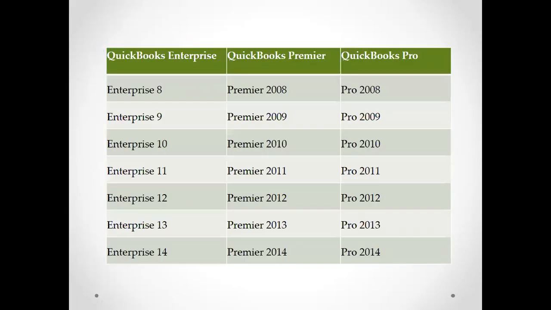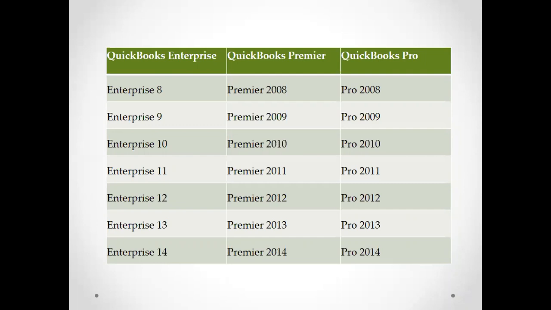Now, if you look at the software release, every year they will be releasing a version, right? I haven't seen the 2023 version yet, but every year they are producing their application and they will do 3 types: Enterprise, Premier and Pro versions.